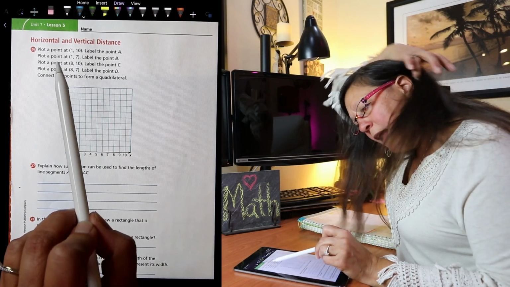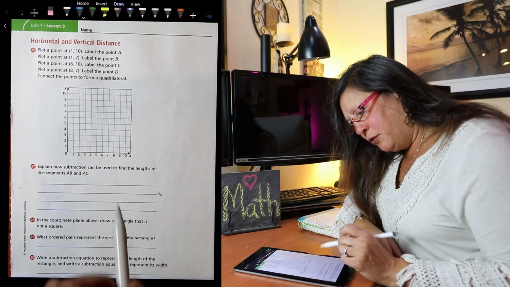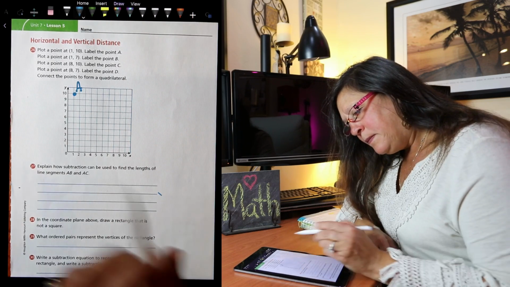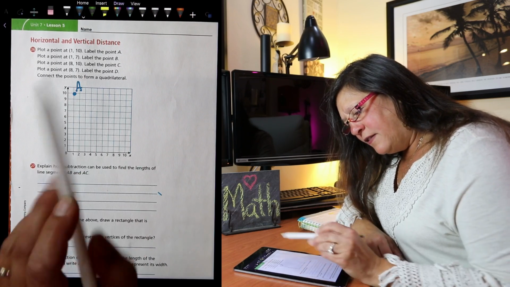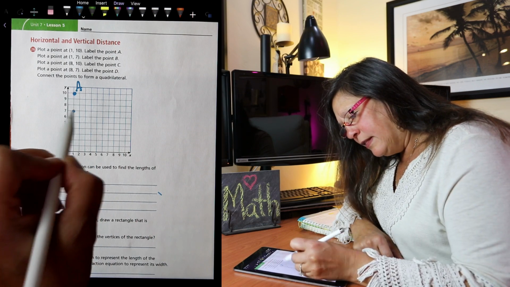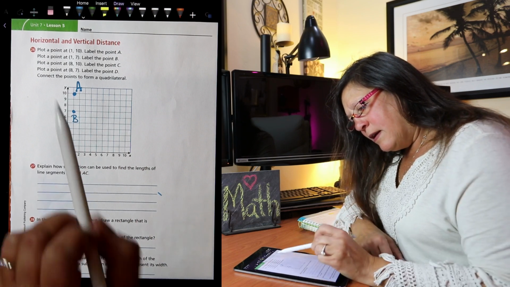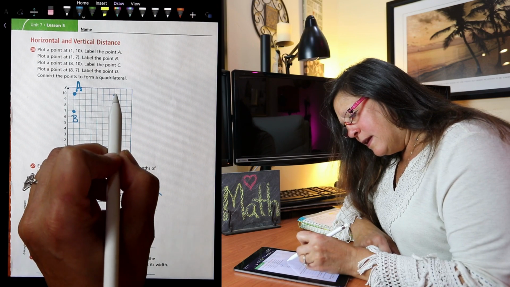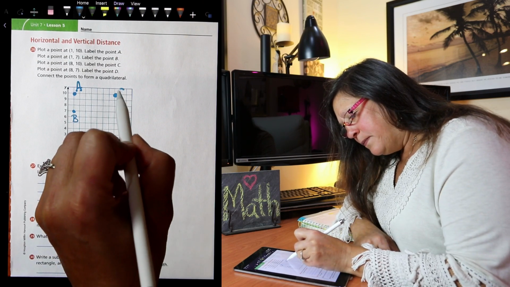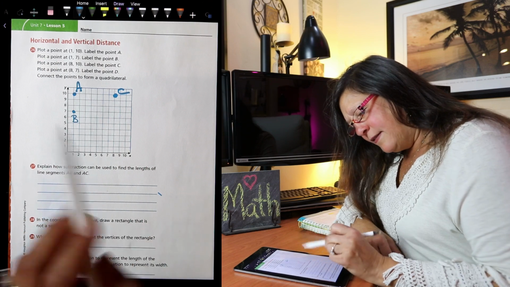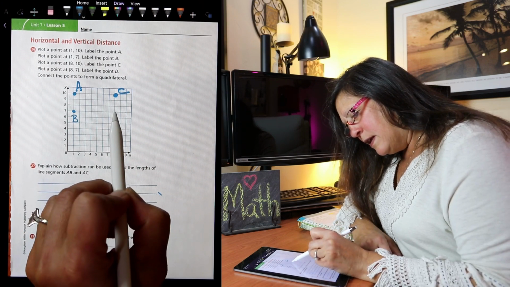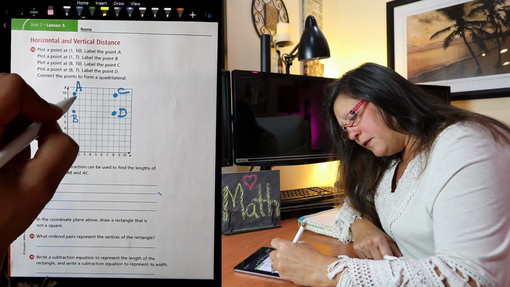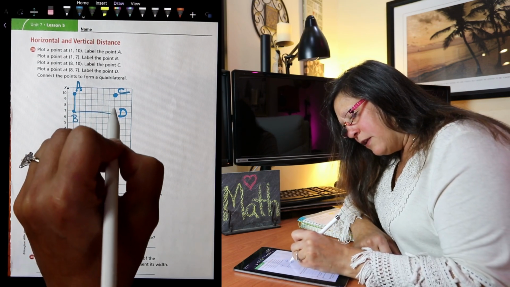We're going to plot a point at 1, 10 and label the point A. Then plot a point at 1, 7, over 1, up 7, label that B. Plot a point at 8, 10, over 8, up 10, and label that C. And plot a point at 8, 7, and label that D. Connect the points to form a quadrilateral. Here we have a quadrilateral. A quadrilateral has 4 sides.